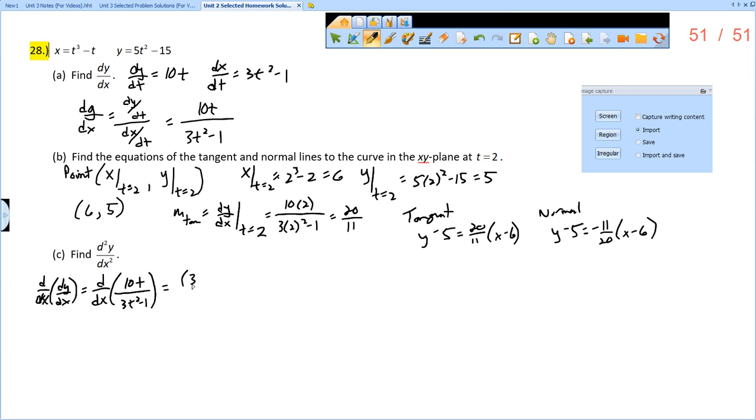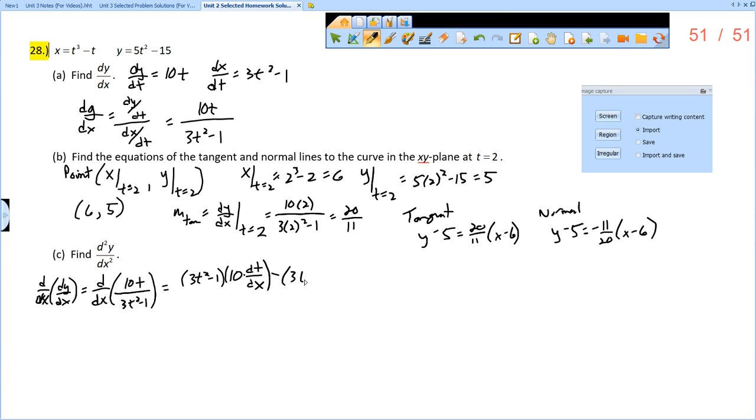So we have 3t squared minus 1 times the derivative of 10t with respect to x. It's very important that you remember the difference between with respect to x and with respect to t. So the derivative of 10t would be 10 times dt/dx, and remember, dt/dx is the reciprocal of dx/dt.